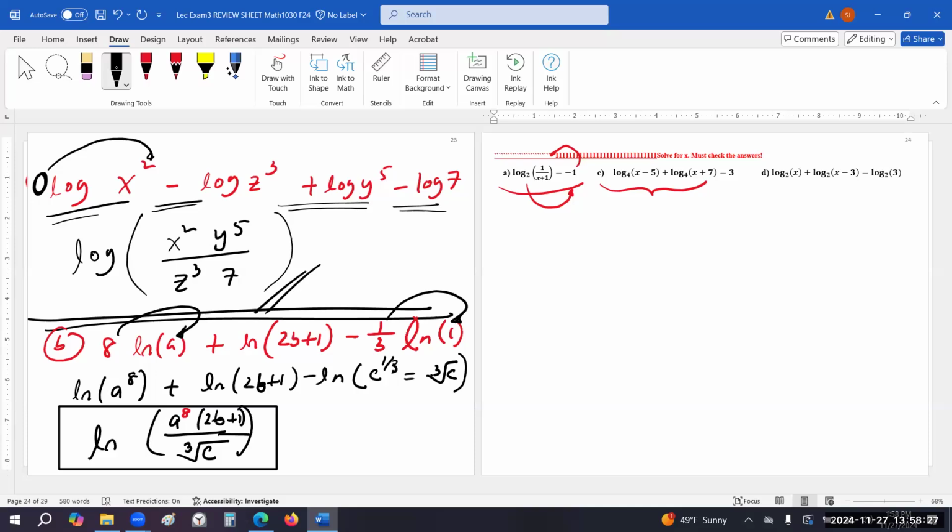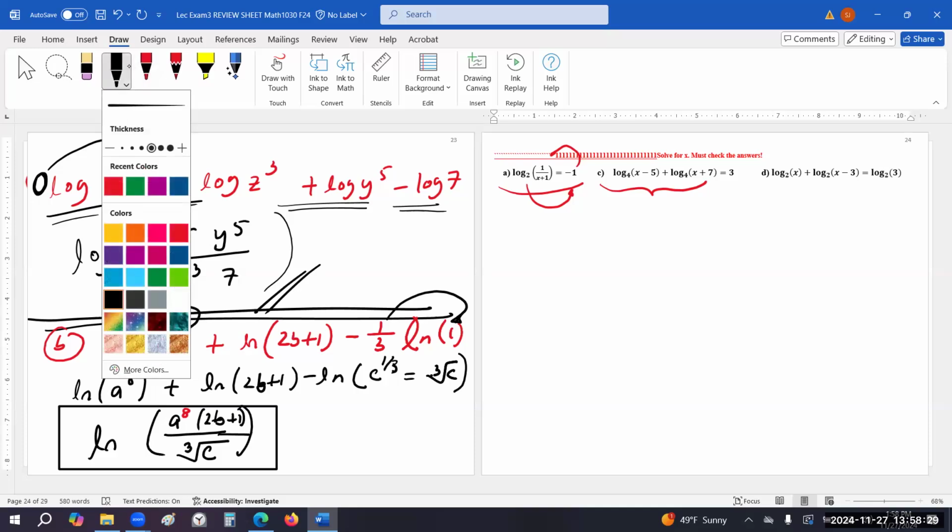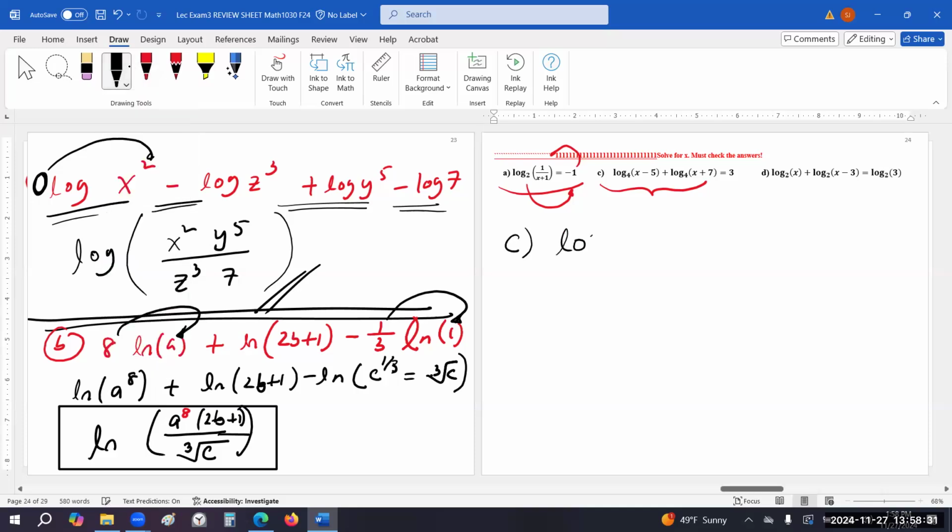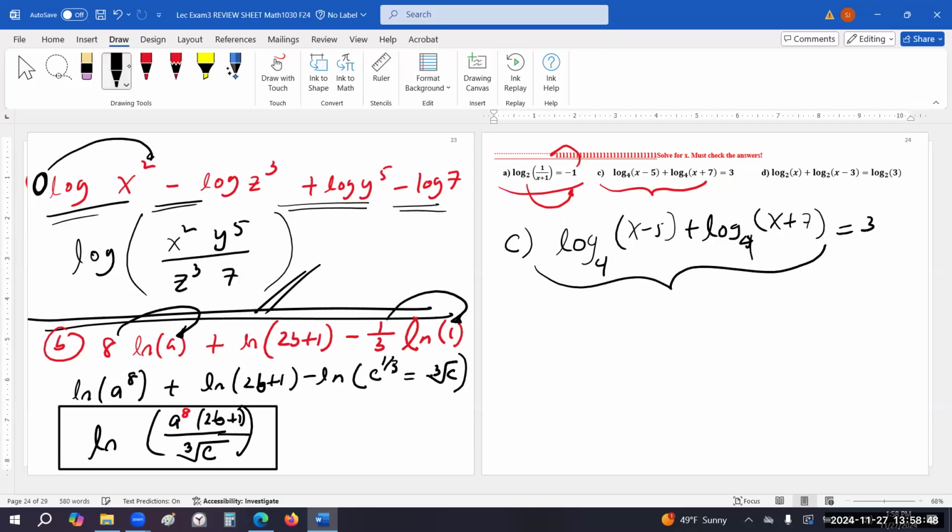So we have log base 4 of x minus 5 plus log base 4 of x plus 7 equals 3. Anytime you have more than one log on one side, we cannot do anything until we combine them into one.